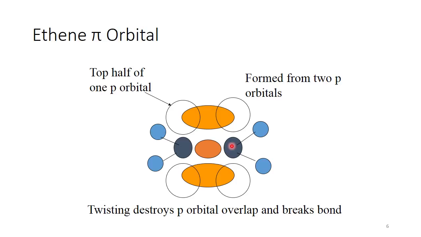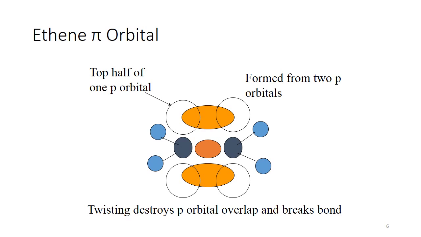Okay, so now if we look at this picture right here, you can see carbon, hydrogen, hydrogen, carbon, hydrogen, hydrogen, sigma bond, and pi bond. This is just going to show you if I rotate this side so that the hydrogen, carbon, hydrogen bonds are at a 90-degree angle to this, that would cause the pi bond to be broken because the p orbitals would be at 90-degree angles and there would be no overlap.